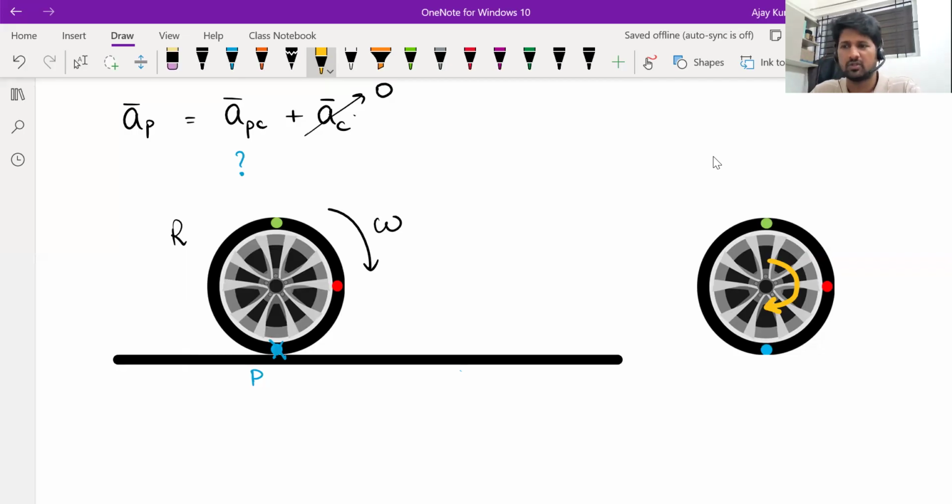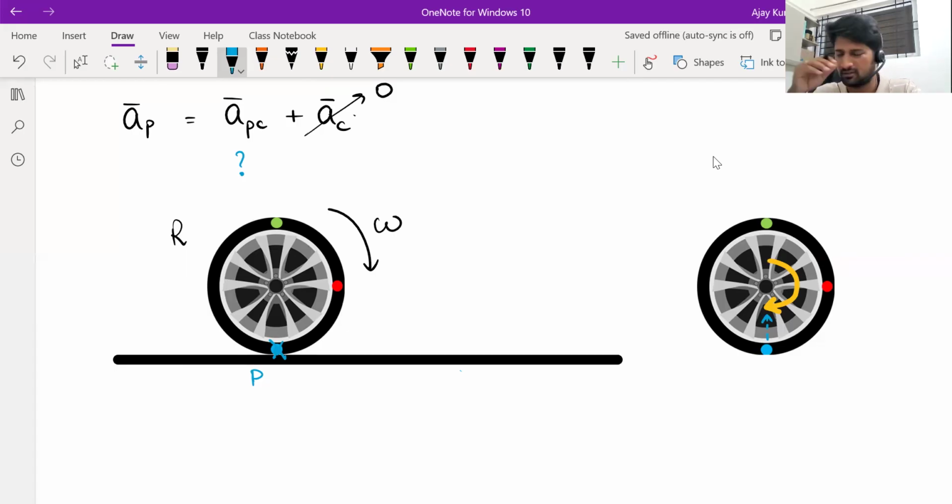And in circular motion, there will definitely be radial acceleration, or centripetal acceleration. There may also be a tangential acceleration, but radial will definitely be there. Radial means acceleration directed towards the center of the circle. So the point of contact will have an acceleration in the upward direction relative to the center of mass.